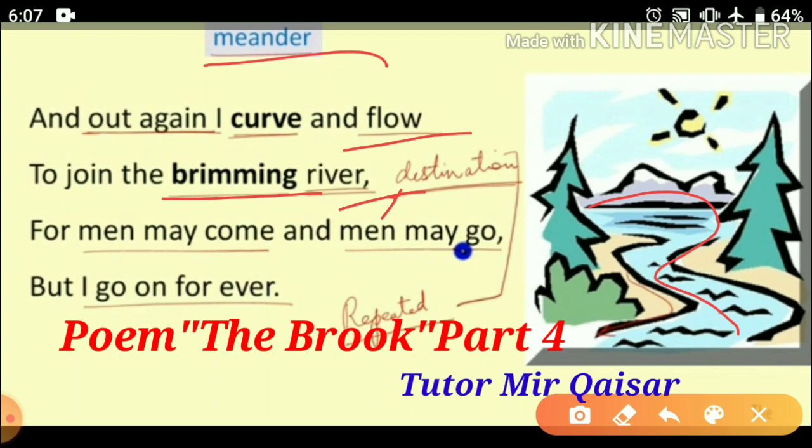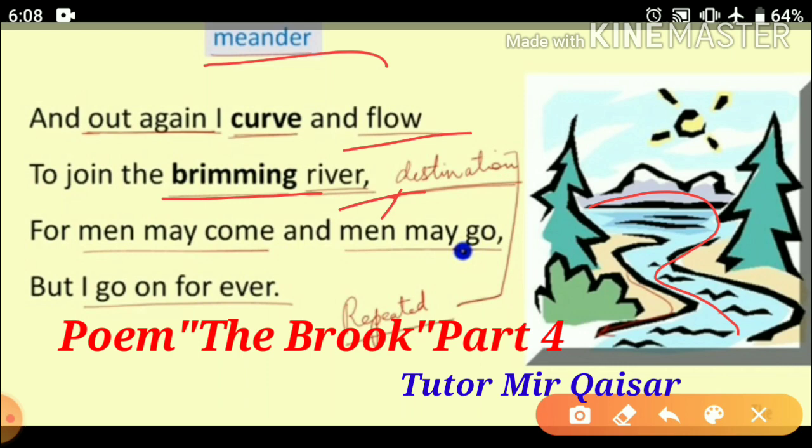I am perennial, I am permanent, and I walk throughout my life. But man is transient, man is temporary. They come with their birth and they go with their death.